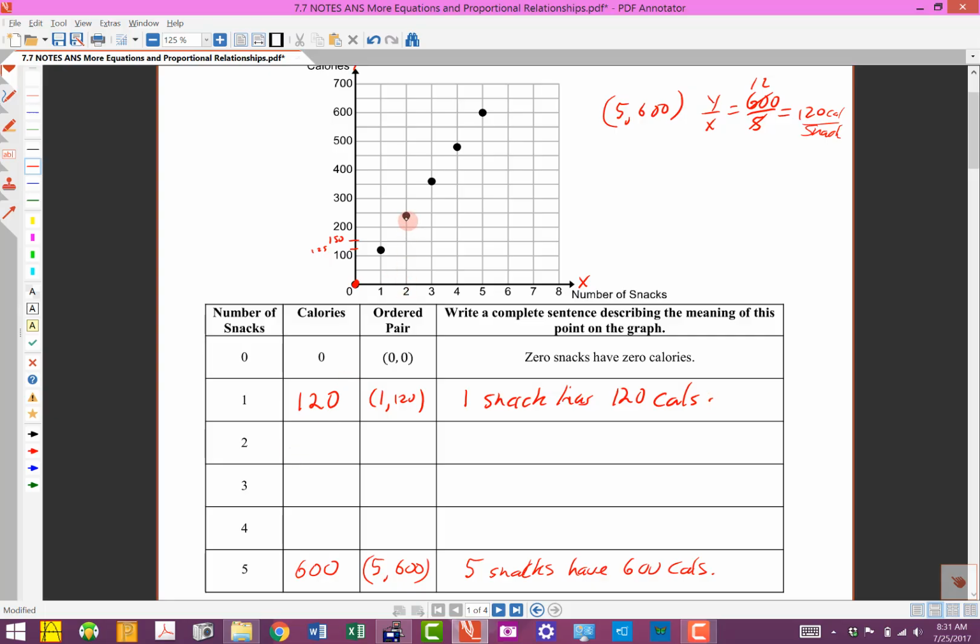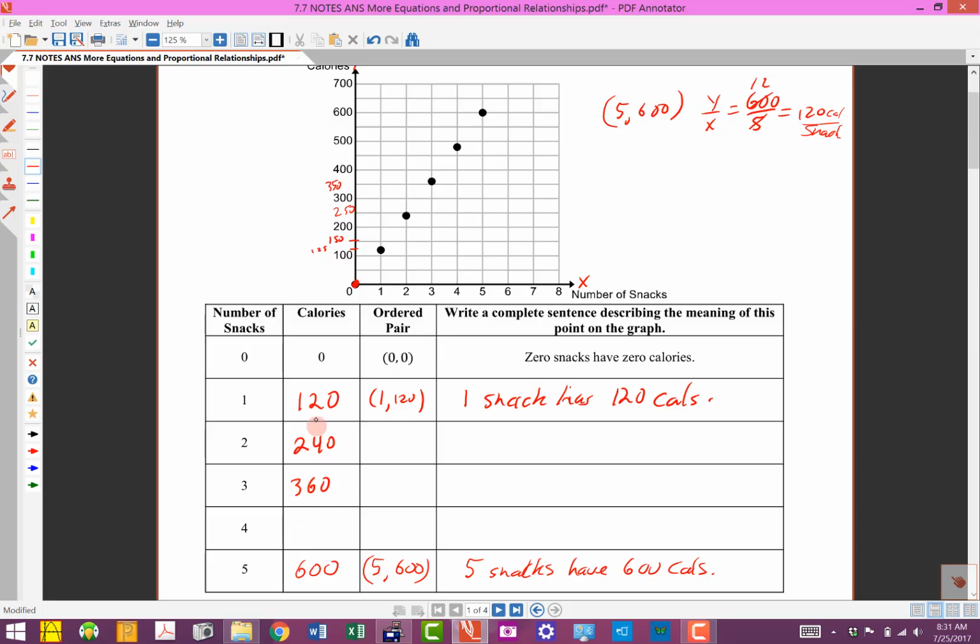Okay, and then we're just going to go through and fill in the rest of them. So this is a little bit less than 250. In fact, if we double this, this is 240. And you'll notice this is like counting by 120 or counting by 12s and then adding a 0 if you want. So this is going to be 360. Let's just double check and make sure that that looks good. Yep, that would be 350 right in the middle there, and it's a little bit higher than that, so that's why we were kind of paying attention to that.